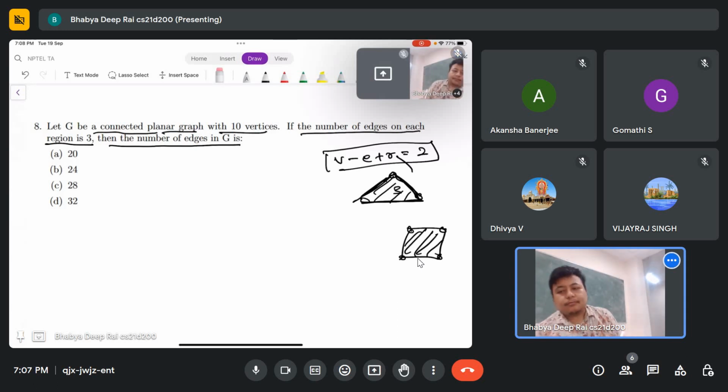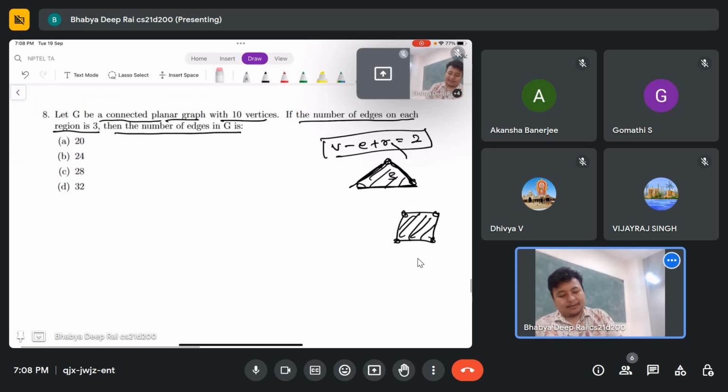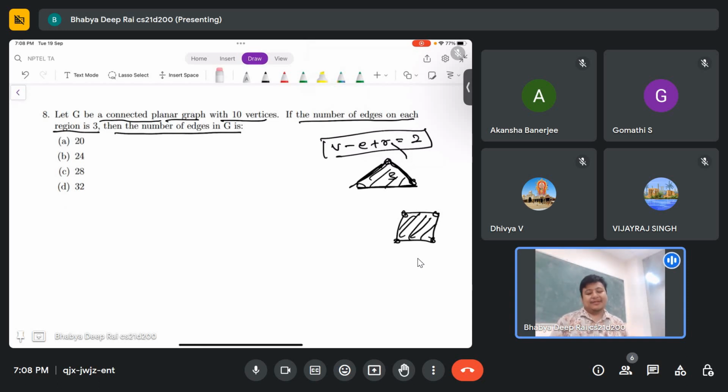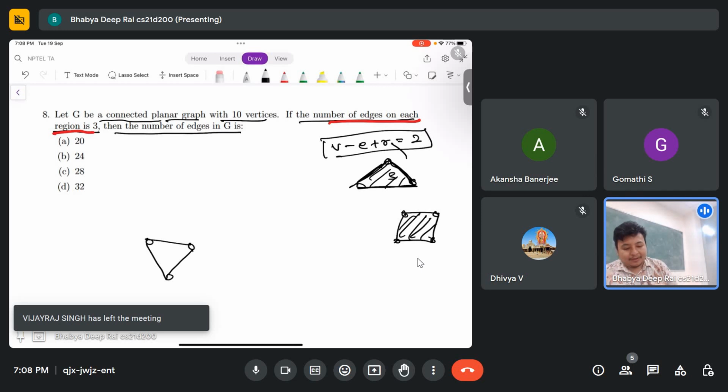Okay, so let's look at this question. We are saying it has 10 vertices. For now, forget the fact that it has 10 vertices. Just look at this particular point: the number of edges on each region is 3. So if this is a region, then the number of edges in the region is 3.